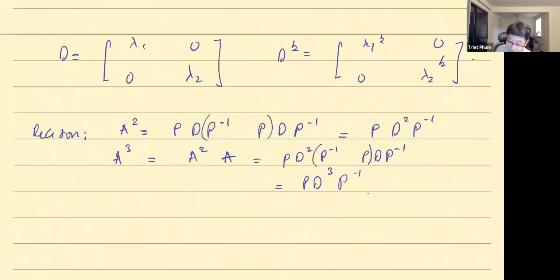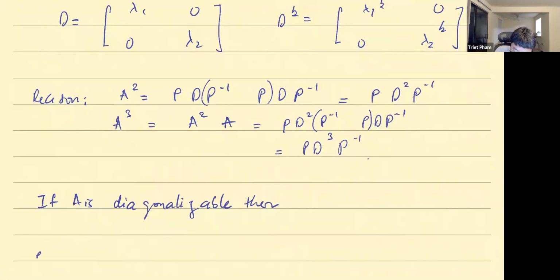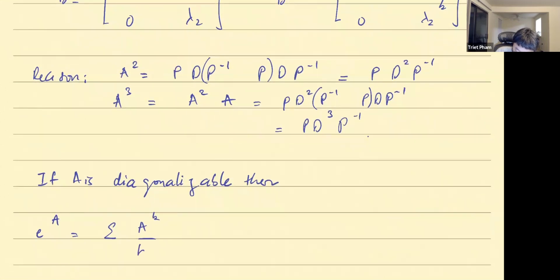So in other words, if A is diagonalizable, then e to the A will be the sum of A to the K over K factorial, K from 0 to infinity.